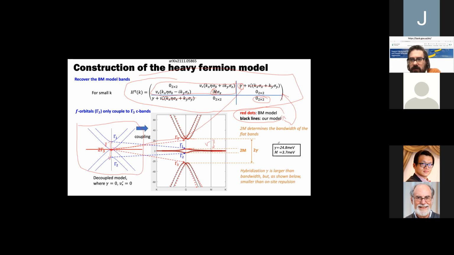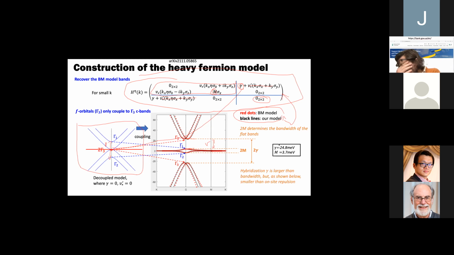Andrei, can I ask a question? Yes. So I cannot resist but think about, since you mentioned there's a Bernal bilayer graphene AB stack, we know when you add a displacement field, you open up a gap. So I'm curious if your model still holds in the presence of a displacement field.